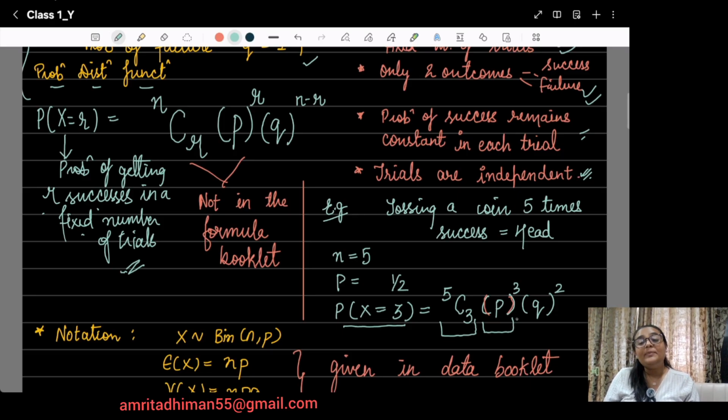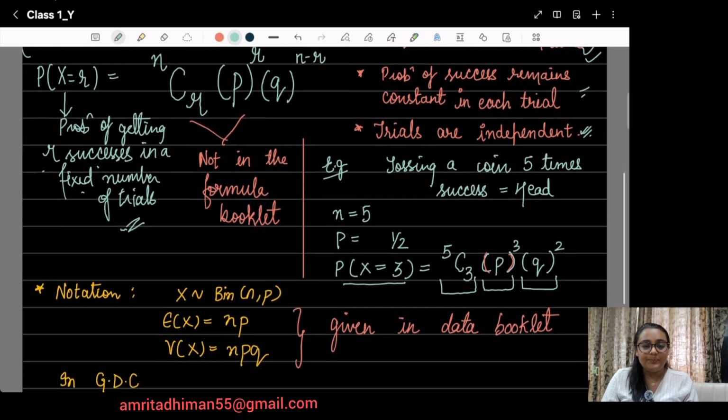If we are getting 3 times success, that means 2 times we are getting failure, so q to the power 2, because q represents the probability of failure. One more thing, you need to remember this formula, because it is not given in your formula booklet. You need to remember it for paper 1, otherwise it's not required for paper 2.